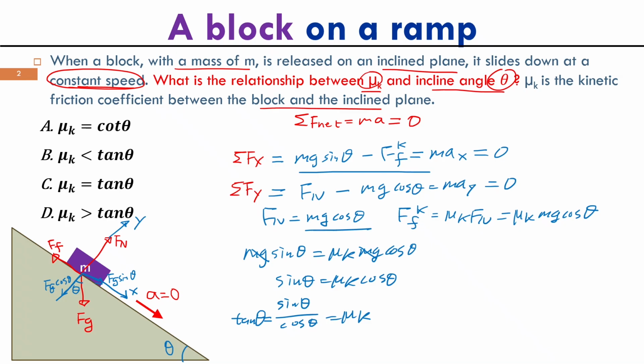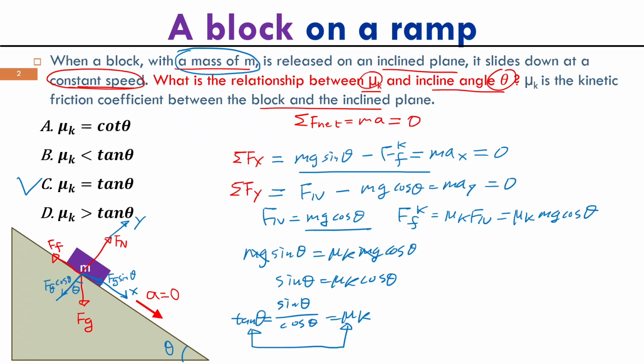So the correct answer is C. In this case, we can see that a block can move down with constant speed if tangent theta and mu k are the same. And this relationship has nothing to do with the mass. So you can be heavier or lighter, as long as the angle and the kinetic friction coefficient have this relationship, the block can move down with a constant velocity.